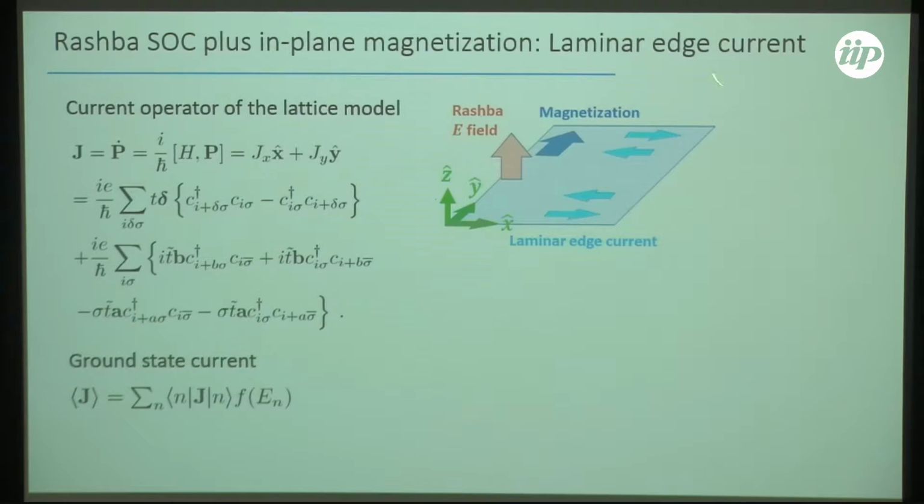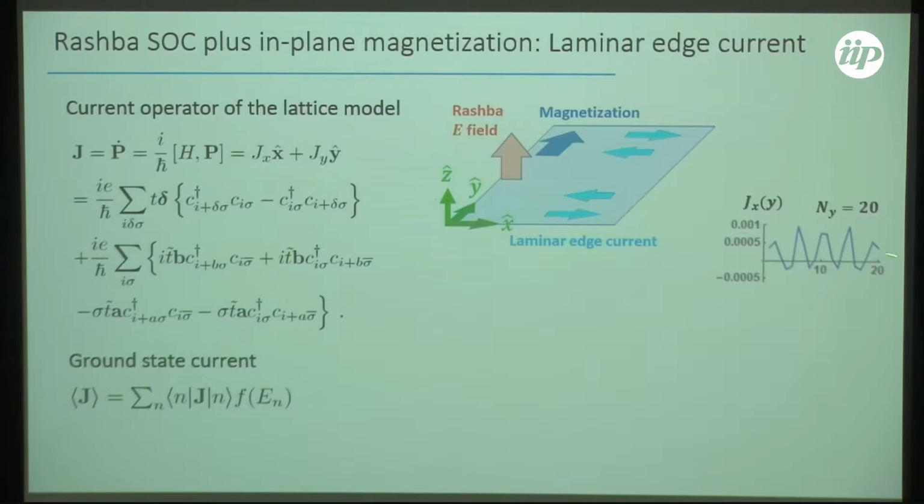Then the physical picture is that the system will form what we call the laminar edge current, in the sense that you have counter-flowing positive and negative currents of equal amount flowing in opposite directions.